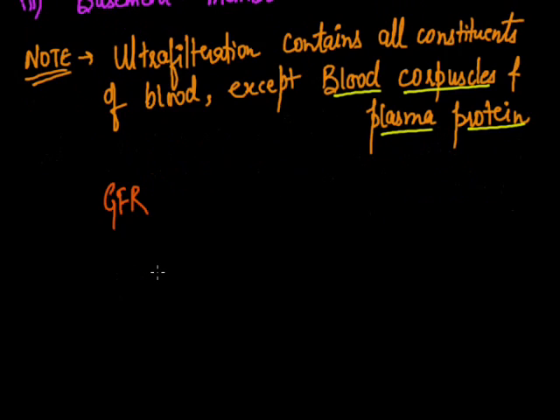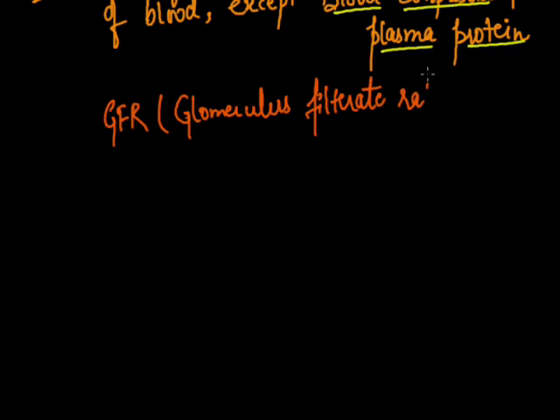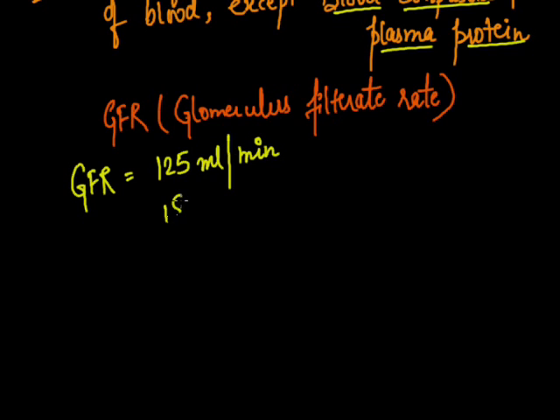GFR is the glomerular filtration rate. GFR equals 125 ml per minute, which is 180 liters per day in the human kidney.